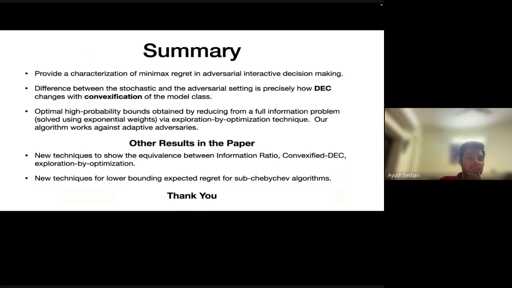And in order to obtain these results, we provide an algorithm with high probability bounds that operates by reducing from a full information problem using the exploration by optimization technique introduced in prior works. And finally, in the paper, we have a lot of new techniques which could be interesting. So I recommend people to take a look. And in particular, we show an equivalence between information ratio, DEC, and exploration by optimization, which could also be of independent interest.